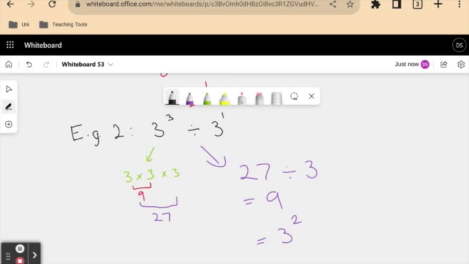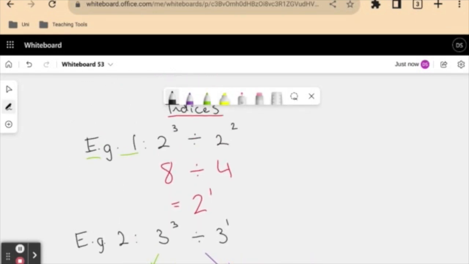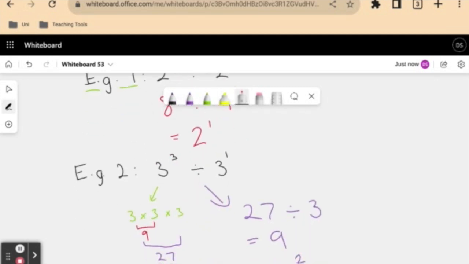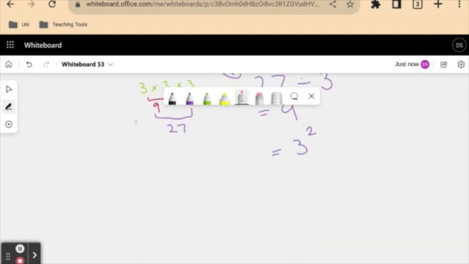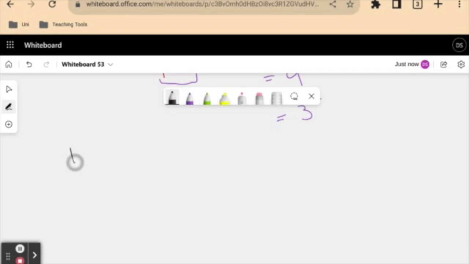When we have just 3, that's like saying 3 to the power of 1. So it's kind of curious. The same thing happened as before. To get 2 in this answer, we just did in the powers 3 minus 2. And here we did 3 minus 1 to give us 2. And this one up here gave us 1. So, one more example, and then that should be enough to construct a general formula for these divisions of indices.